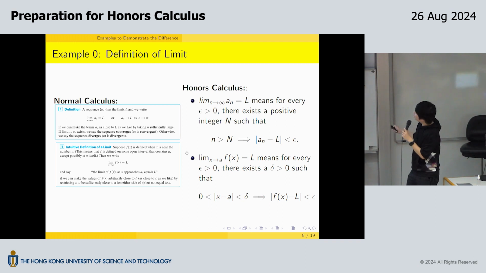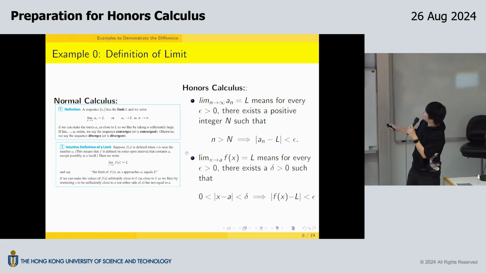But in the honor calculus course, you actually need to quantify this by adapting the epsilon delta language for the definition of limit of a function, right? Here, the parameter epsilon is used to quantify how close the function f is to L, and the number delta is used to quantify how close x is to a, right?